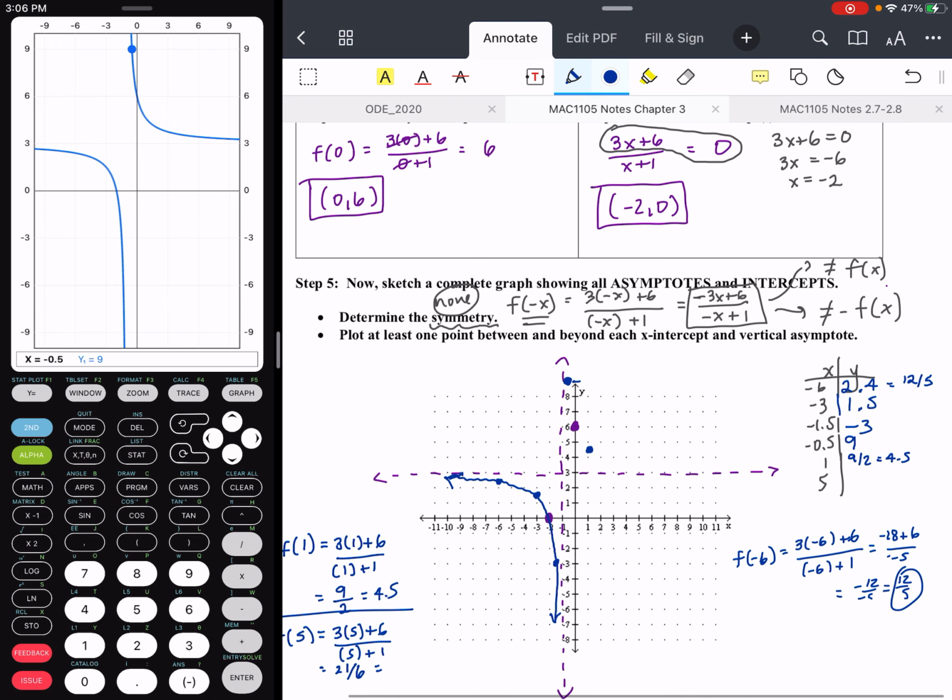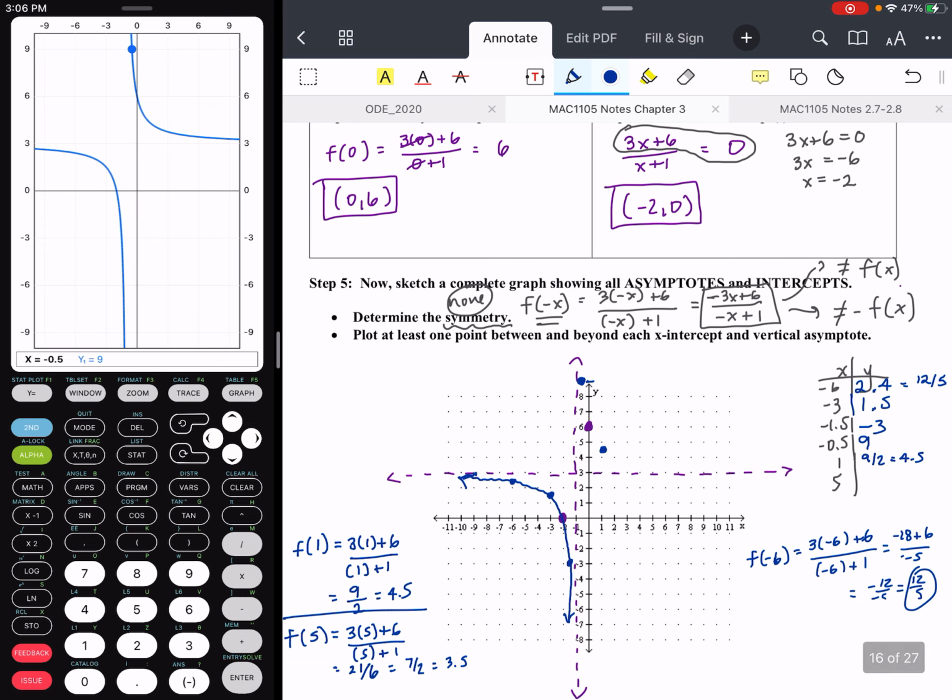So this would be 7 over 2, which is 3.5. All right, so 5 and then 3.5 is right there. All right, so again, filling in the sketch so that it skates along those asymptotes. Make sure you don't cross, especially that vertical asymptote, because you're never allowed to cross.